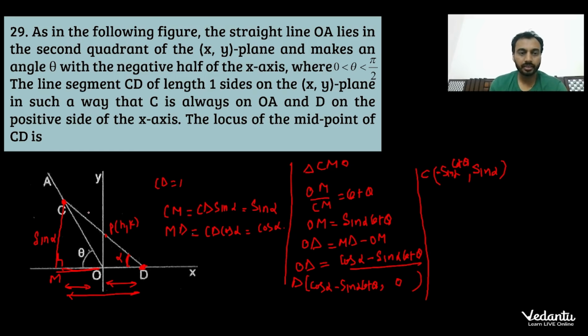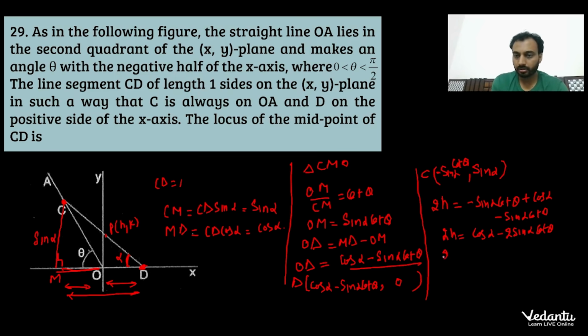Now we can use the midpoint formula, as the midpoint of CD is P. So I can say that 2h is equal to the x coordinate of C plus the x coordinate of D. The x coordinate of C is minus sin alpha cot theta, and this one is plus cos alpha minus sin alpha cot theta, which is equal to cos alpha minus 2 sin alpha cot theta.